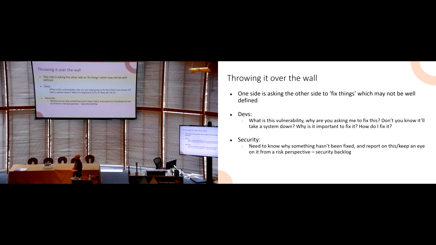So from a development perspective, and both of these are completely fine and perfectly normal attitudes to have, by the way. This is not one team trying to be awkward, although from a security background, I'm awkward. But devs will say, okay, what is this vulnerability? Why do I need to fix it?